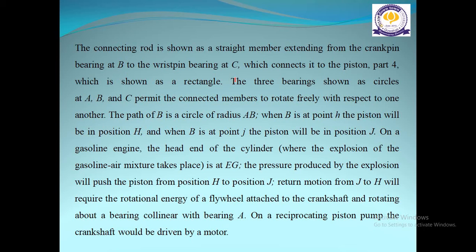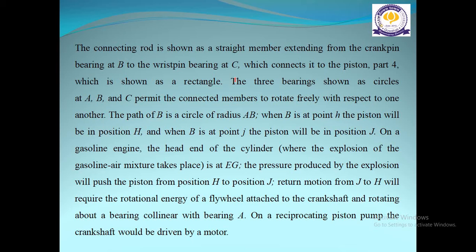So the path of B is a circle of radius AB. When B is at point H, the piston will be in position H, and when B is at point J, the piston will be in position J. On a gasoline engine, the head end of the cylinder, where the explosion of the gasoline air mixture takes place, is at EZ.